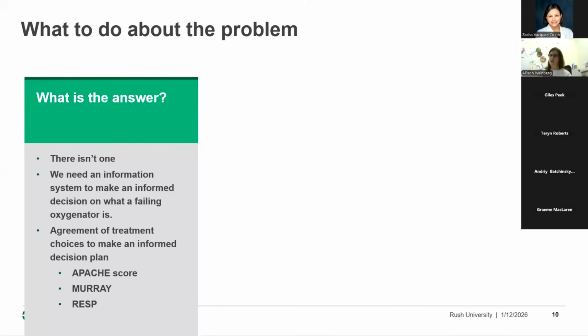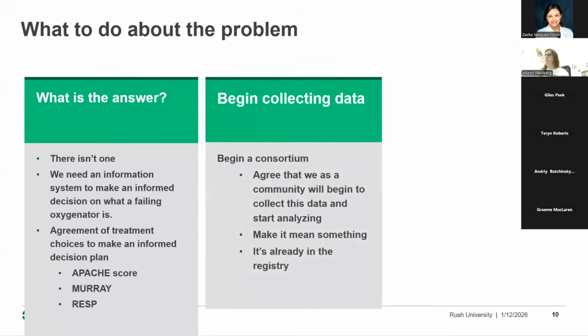We have all of these scoring systems within medicine, right? We have Apache scores and Murray scores and RESP scores. We don't have oxygenator predictive scores, and that's really not all that easy. But we can begin collecting data. We can begin with the consortium, and we can agree that as a community, we'll begin to collect this data and start analyzing it, and we can make it mean something.